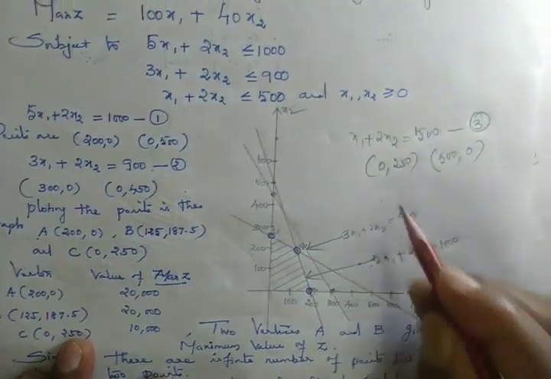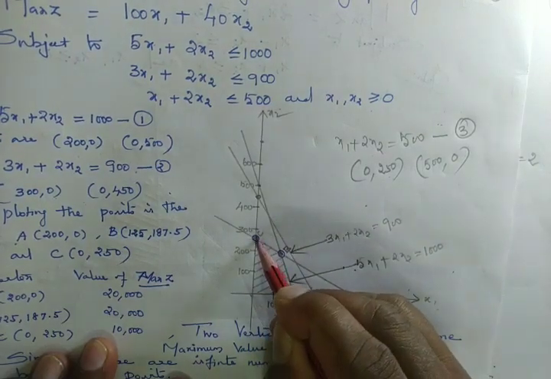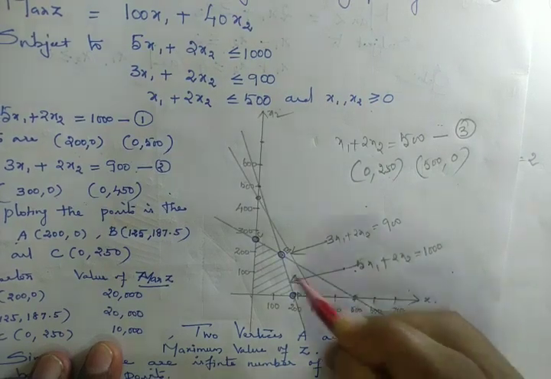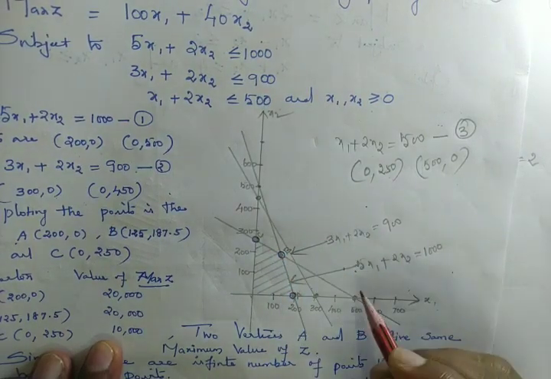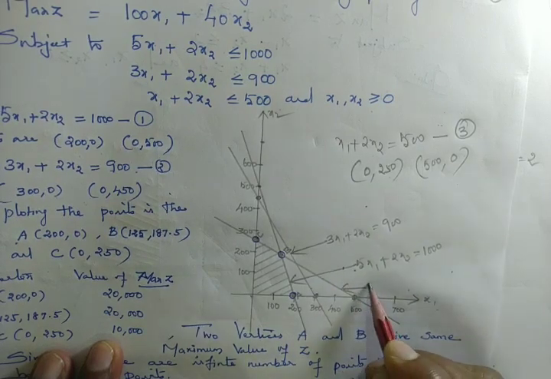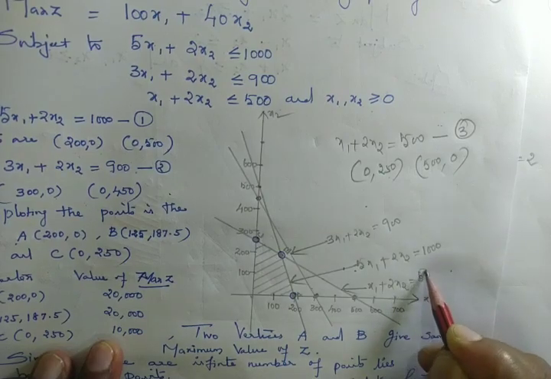The third one is 0 comma 250 and 500 comma 0. Joining these two points, you get this line, the line equation of x1 plus 2x2 equal to 500.